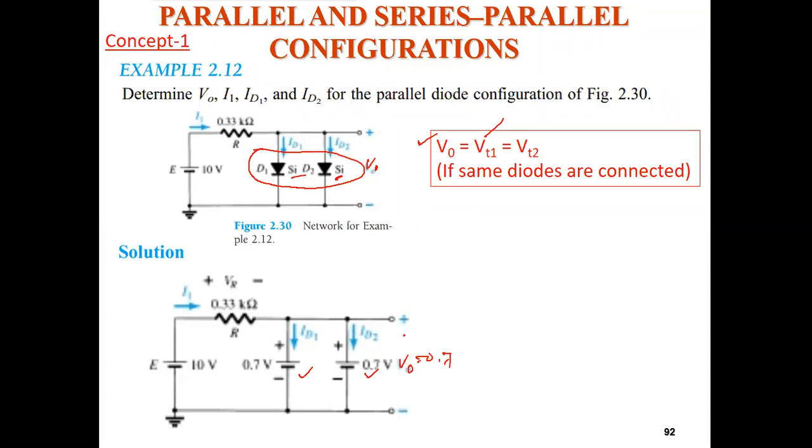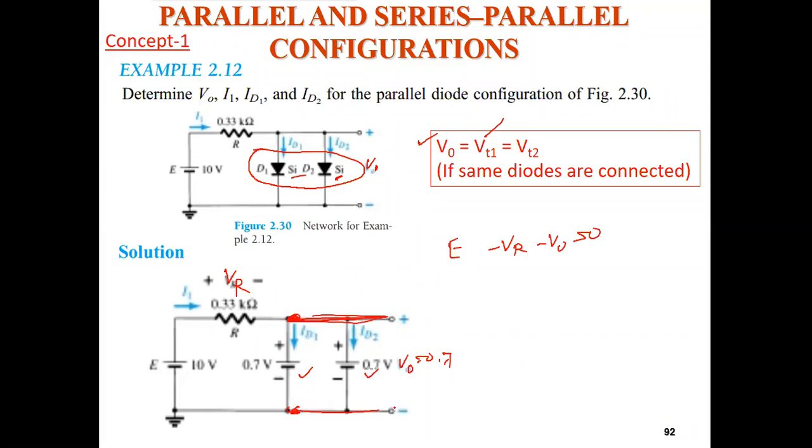So if the voltage V0 is 0.7, I can find out how much VR is. E minus VR minus V0 equal to 0, because V0 is the voltage between this point and the lower point, since I have already told you that these are at the same point.